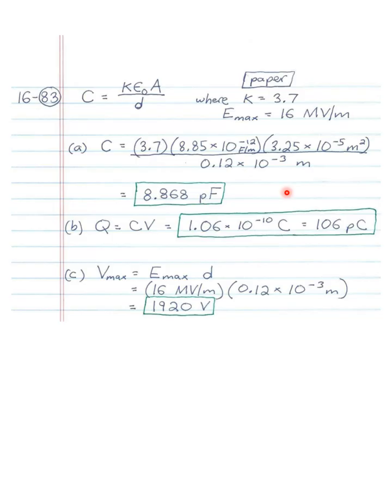As I look it up, it says for paper 16, and the units in that table are megavolts per meter. So 16 million volts per meter times 0.12 times 10 to the negative 3 meters, that's the distance, and we get 1920 volts.